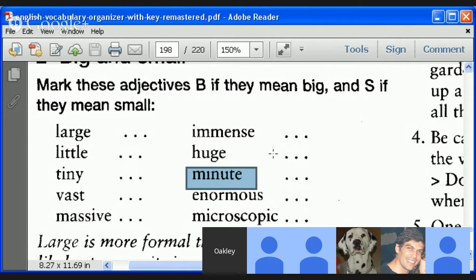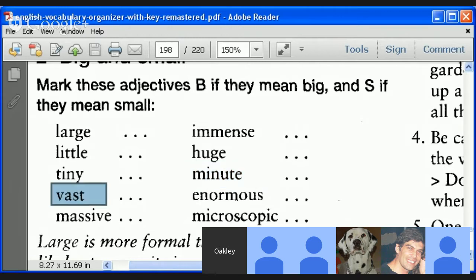But in this group of adjectives, minute is pronounced differently. Like a really, really little thing. It's very, very tiny, extremely tiny. So that one's a little tricky.